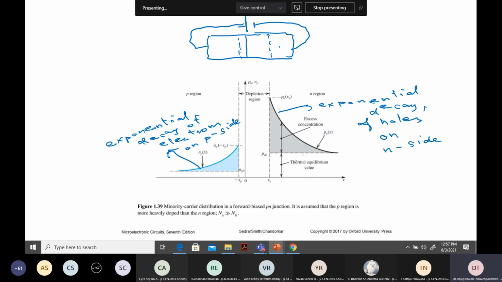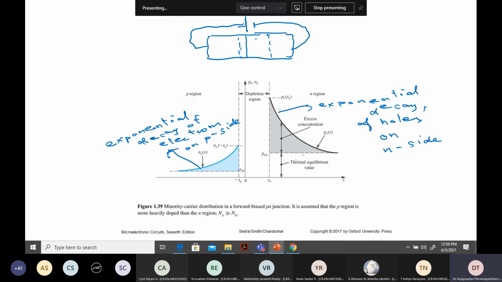Whatever decrease is happening as a result of the charge carriers, that is the electrons being pumped from the source over here, and we know that the hole current is from left to right, the electron current is from right to left.